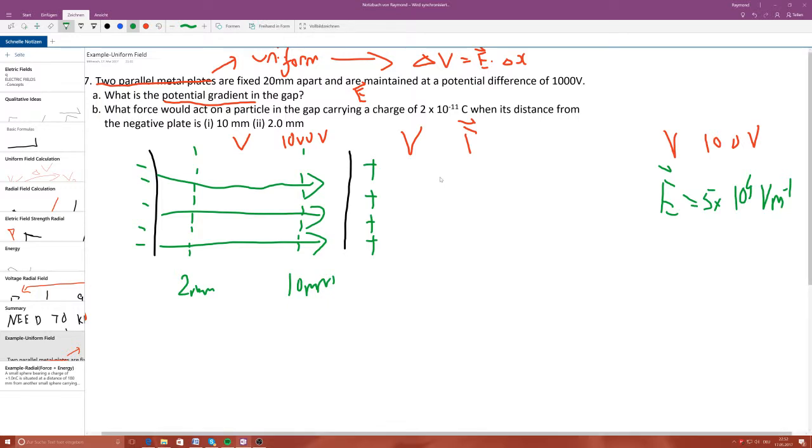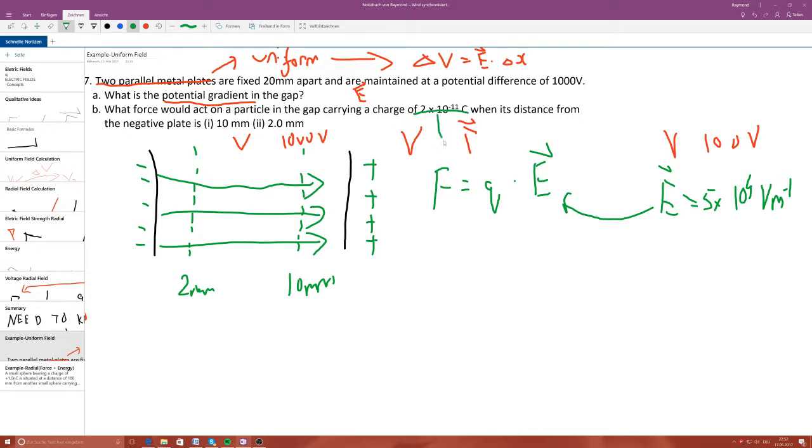Now to find that answer, we use our key equation F equals QE. Quite simply, we insert the electric field strength from the first question, and from part B we are given what Q is. It's 2 times 10 to the minus 11 coulomb. If we put those into the calculation and work it out, we get a value for the force.